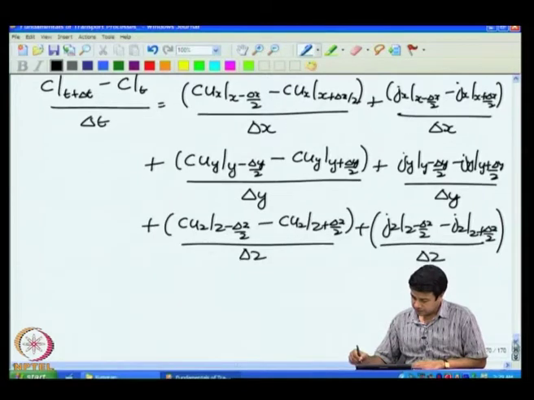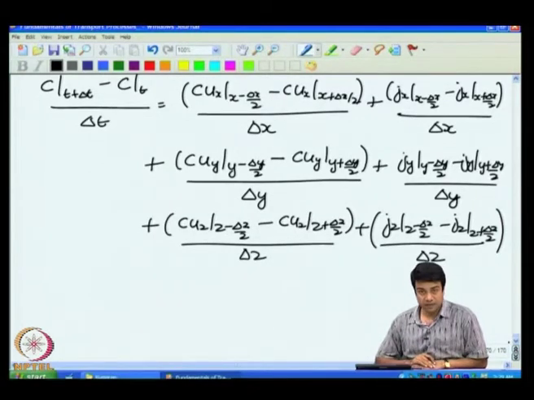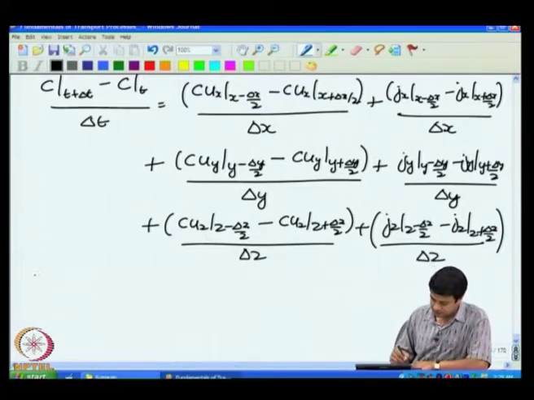So, now this is the final expression, and now if I take the limit delta x, delta y, delta z and delta t going to 0, you can see that the left hand side is just dc by dt.